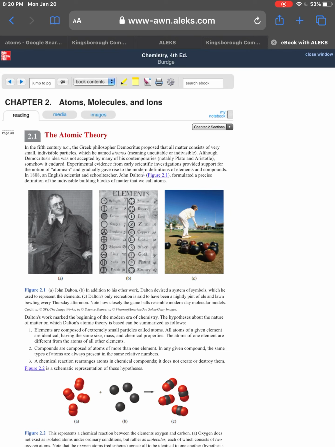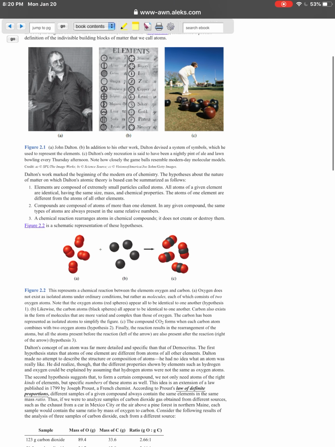So we begin really with John Dalton. John Dalton did some experiments and came up with what we might consider a modern theory of the atom, saying things like elements. So for example, hydrogen is an element or oxygen is an element. Those elements are composed of really, really small particles called atoms. And so every atom of the same element is identical.